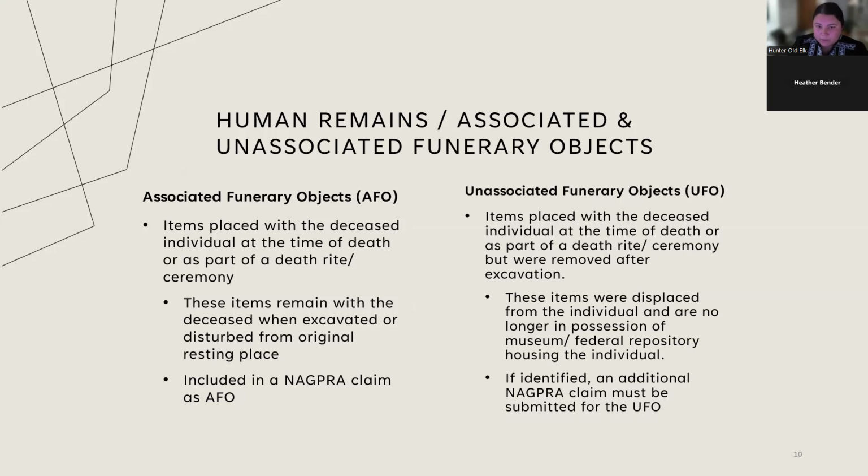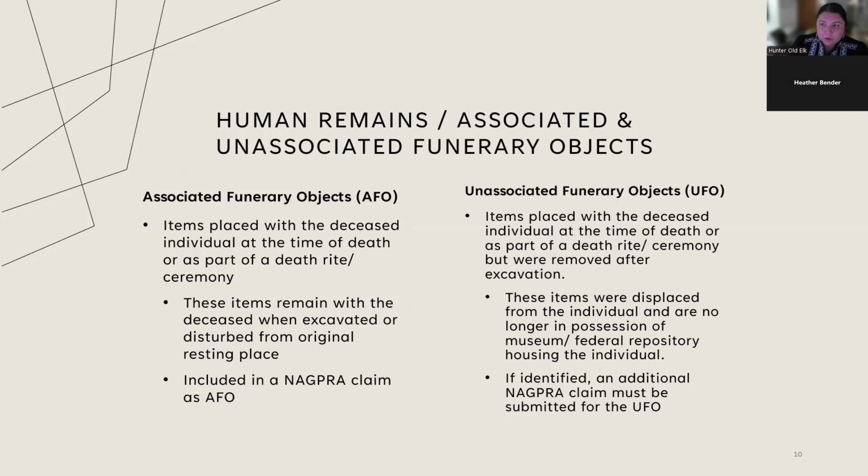Unassociated items were those same items that were placed with the ancestor and the human remains, but after excavation, they were displaced from that individual, and they now are the property of an institution.